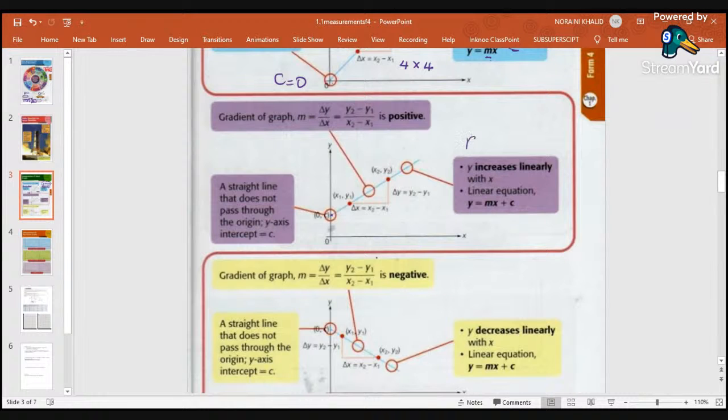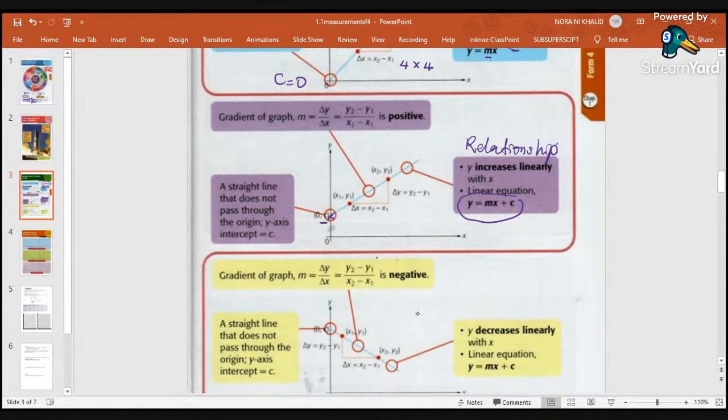So how to write the relationship for this one? y increases linearly with x. So linear equation, you can use y equals mx plus c. The value of c, you just read from here, the intercept value.